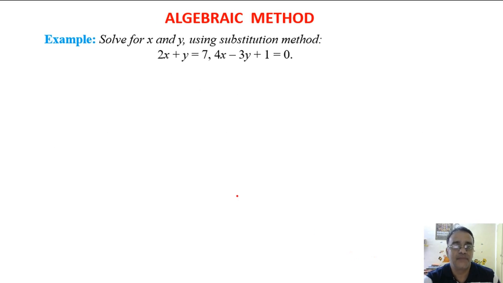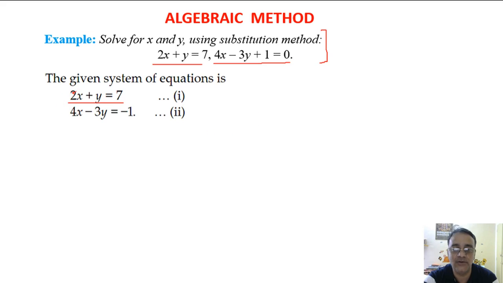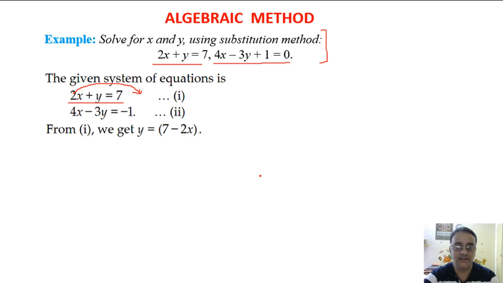So let us see one example. Solve for x and y using substitution method. वैसे मेथड स्पेसिफाइड नहीं रहता सॉल्विंग के लिए, ओके. सो वी हैव टू सेलेक्ट वन इक्वेशन फ्रॉम दिस टू, और जिसमें इजी हो रहा है वही इक्वेशन लेना है. सो ये इक्वेशन 1 है और ये इक्वेशन 2 है. सो मैं इक्वेशन 1 से y को ले रहा हूँ, 7 minus 2x. दैट वुड बी इजी. इफ यू टेक y फ्रॉम इक्वेशन 2 थोड़ा डिफिकल्ट होगा शिफ्टिंग में, और क्योंकि फ्रैक्शन में आ जाएगा वो, ओके, राइट. सो फ्रैक्शन मीन्स रैशनल नंबर होगा क्योंकि नेगेटिव वैल्यू यहाँ पर है.